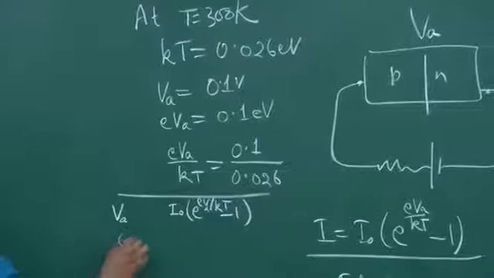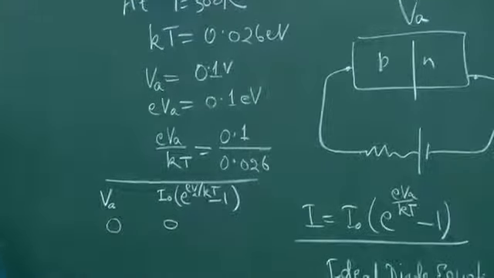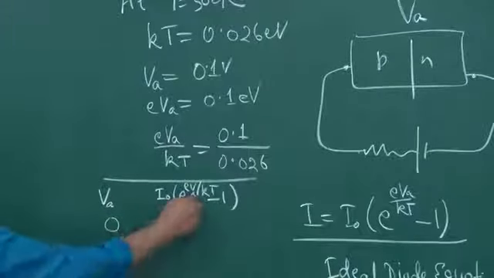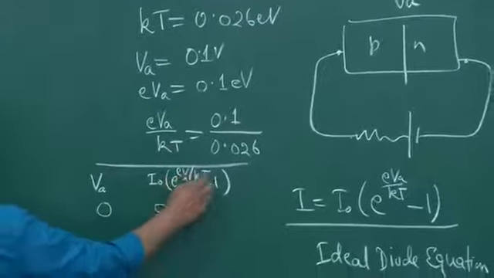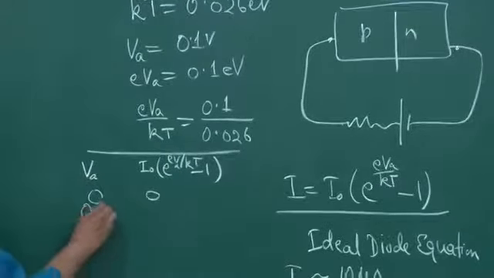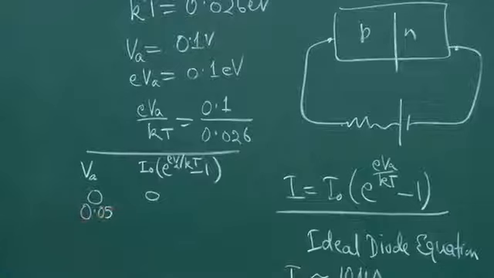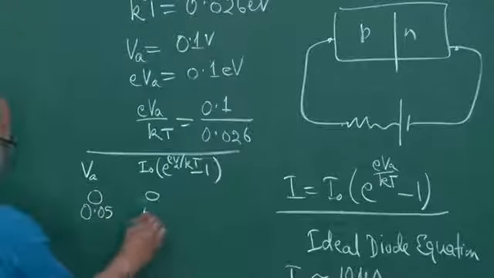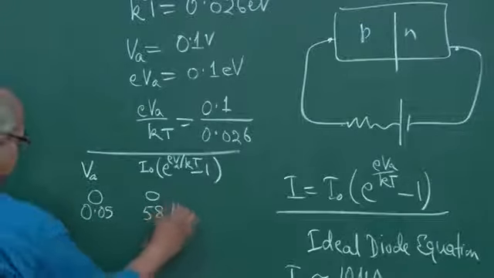So, at 0 this is 0, this is fine. At VA equal to 0, you have e to the power 0 equal to 1, 1 minus 1 is 0, so that is this. Then if you take 0.05 volt, if you apply this much, then it becomes 46 microamperes. This is not 58, this is 46 microampere.